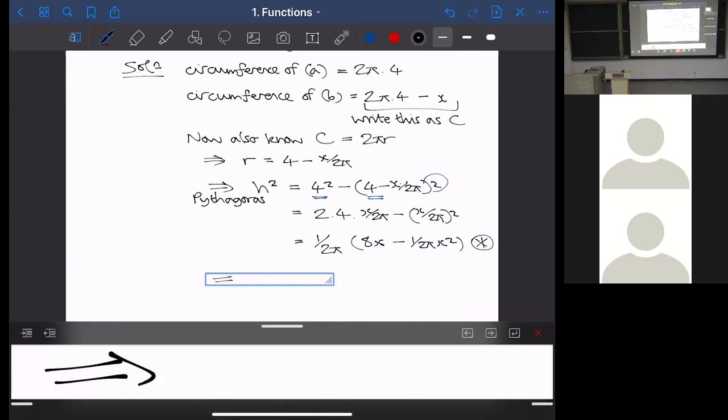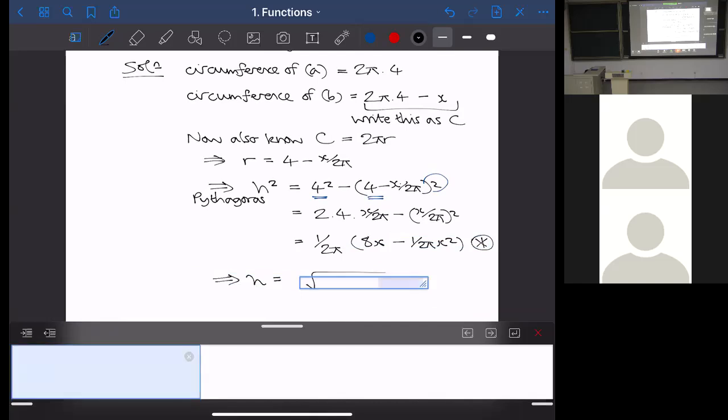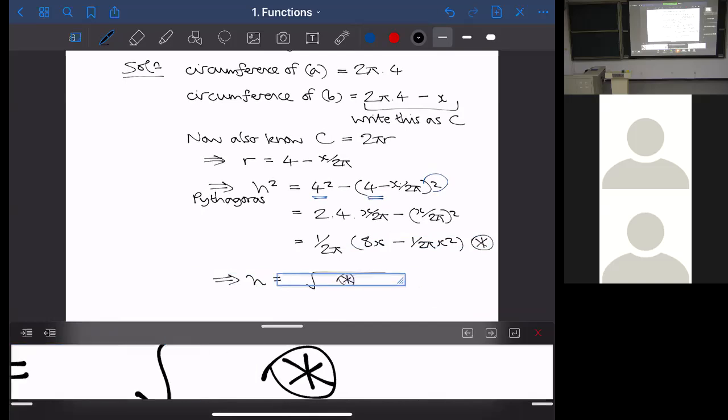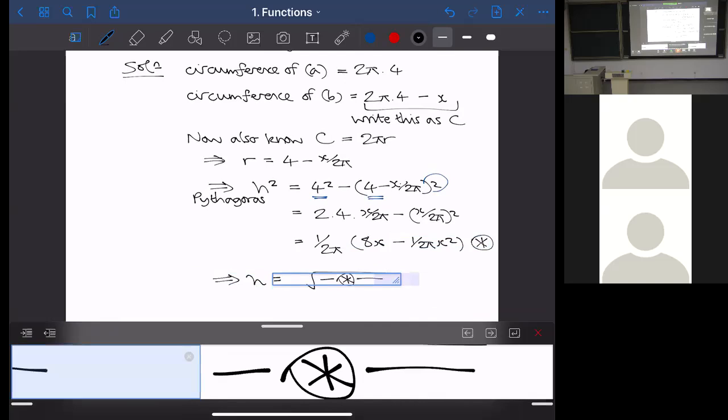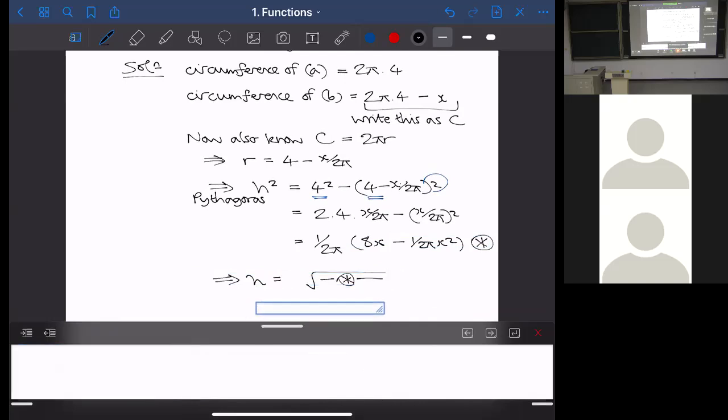Now this implies that h is equal to the square root of that formula for star.